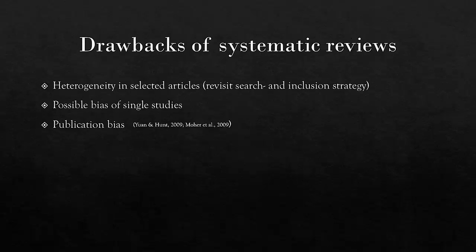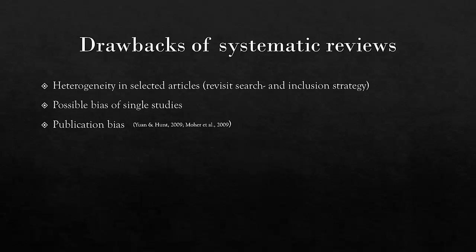The drawbacks of a systematic review are that there might be heterogeneity in the selected articles. This might be a result of ill-defined inclusion and exclusion criteria. So if this is the case, you need to go back to the drawing board and review your inclusion and exclusion criteria.